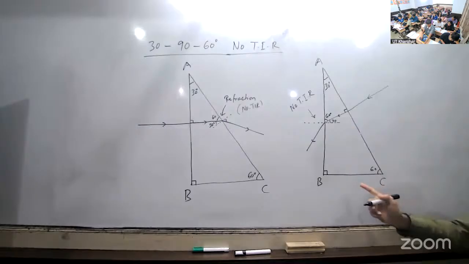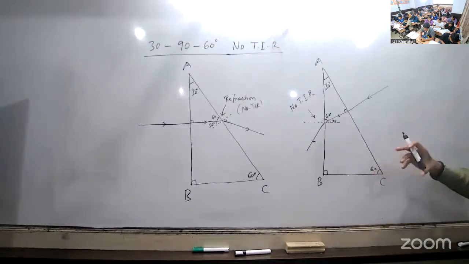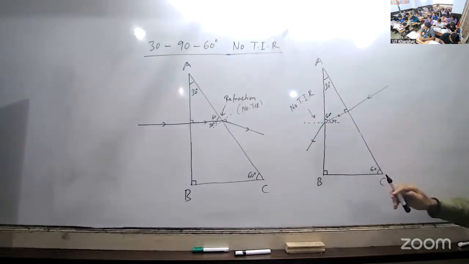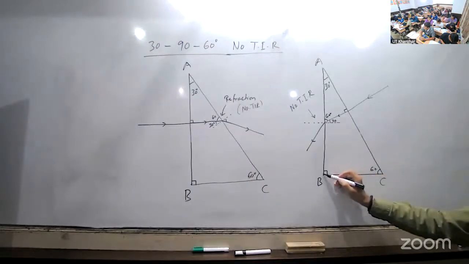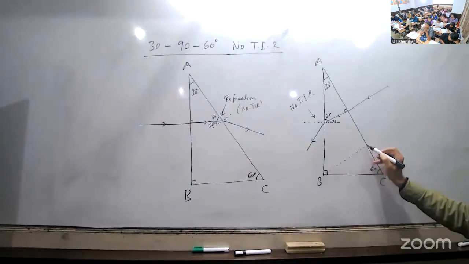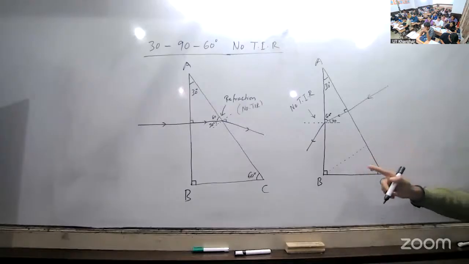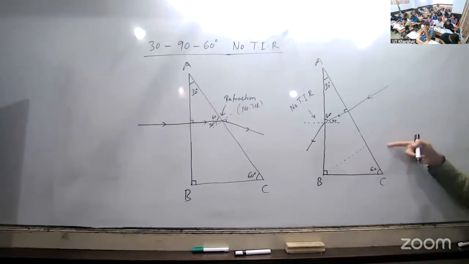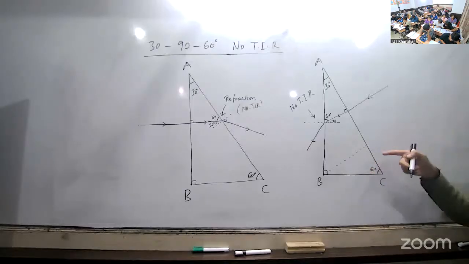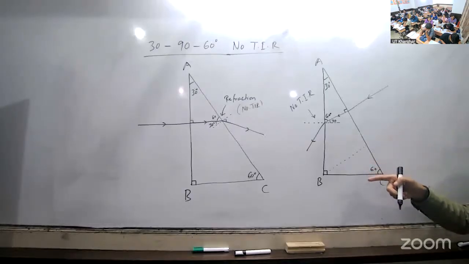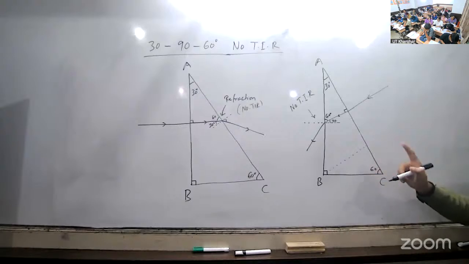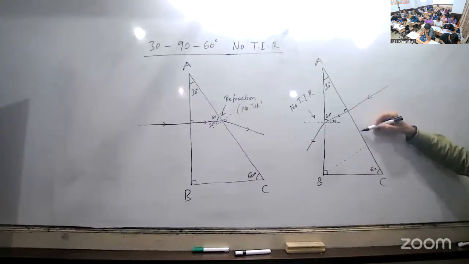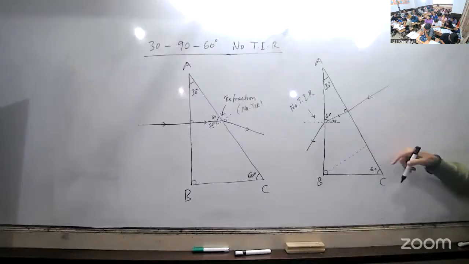But there is an exception on this side. If the ray is incident within this region, you draw a perpendicular from point P. If the ray is incident within this, then it will suffer TIR. So what's the exception here?